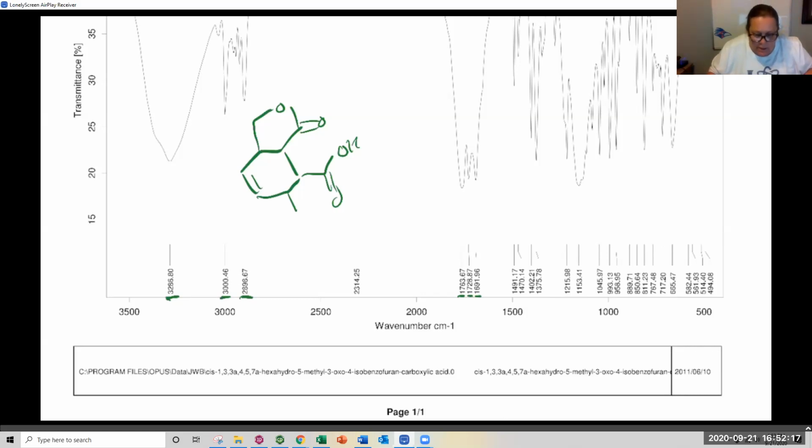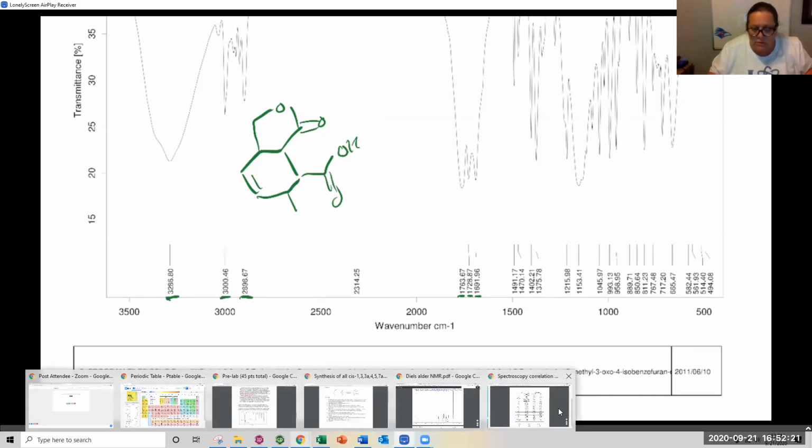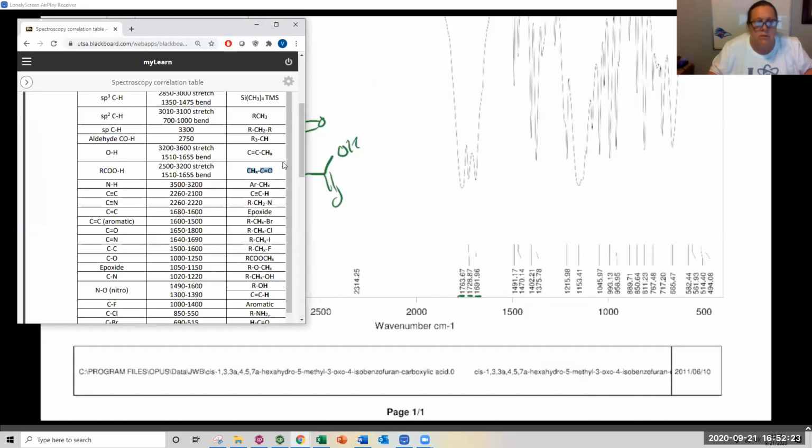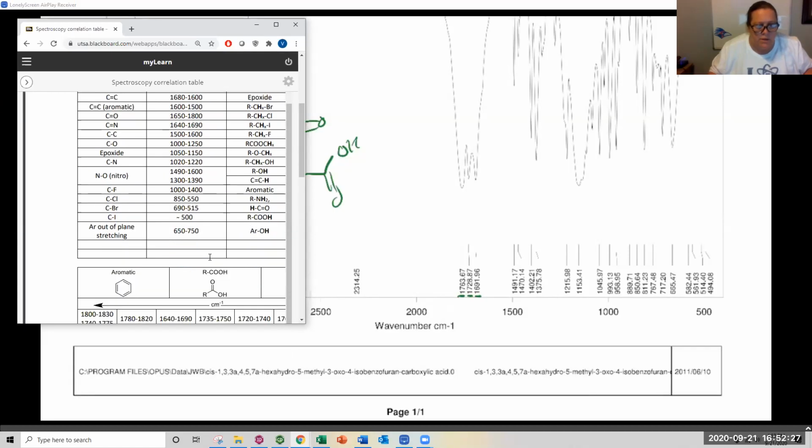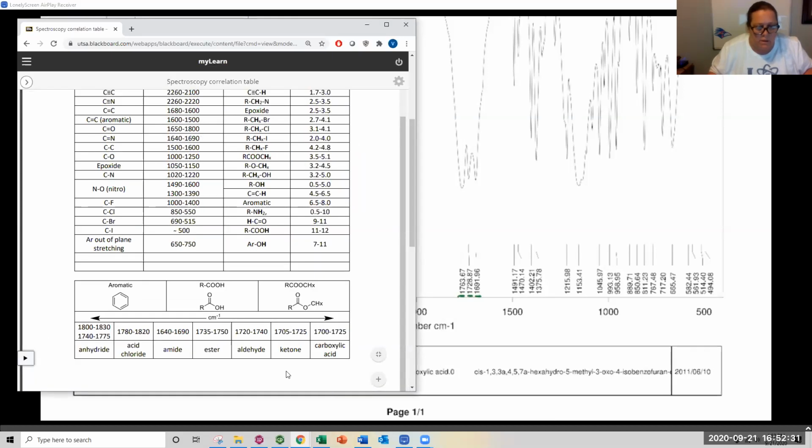When I go down here, I look again at my correlation table. I have 2 different types of carbonyl peaks. Probably I should pay attention to where an ester peak shows up versus a carboxylic acid. You see what I'm saying?